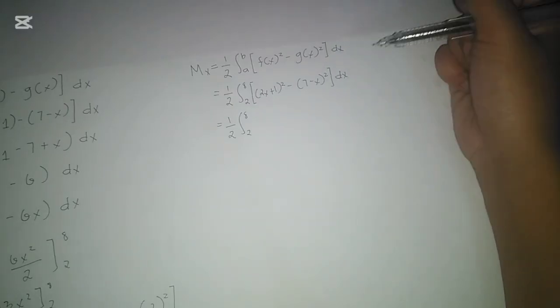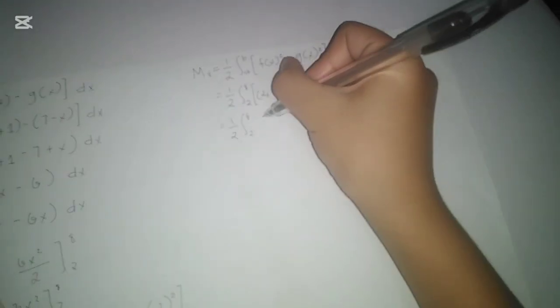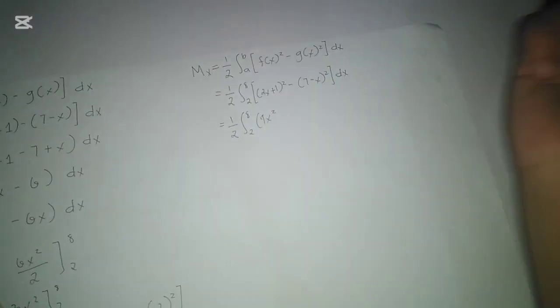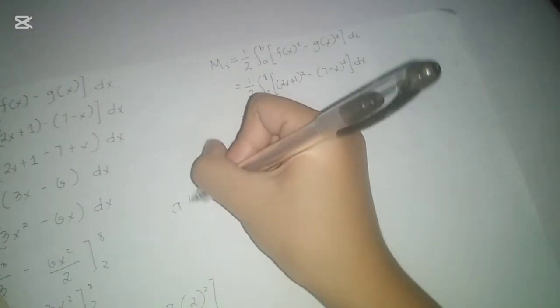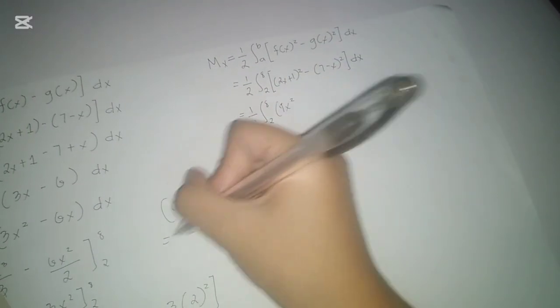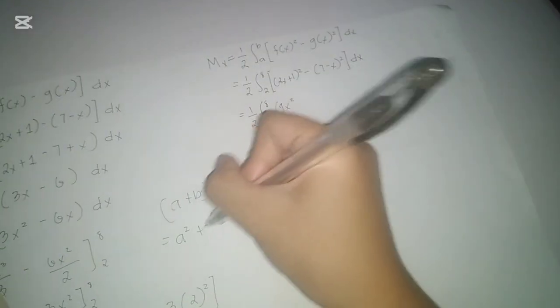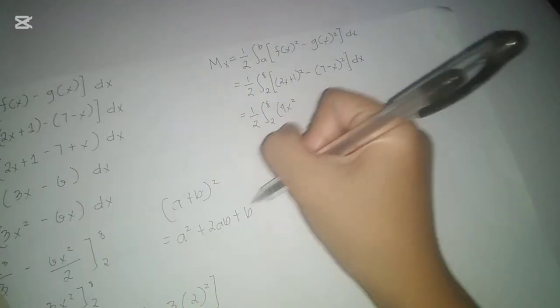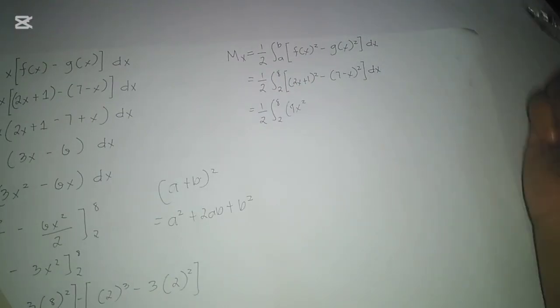So 2x plus 1 squared is 4x squared. Remember that a plus b squared is equal to a squared plus 2ab plus b squared. So let's do the same to this.